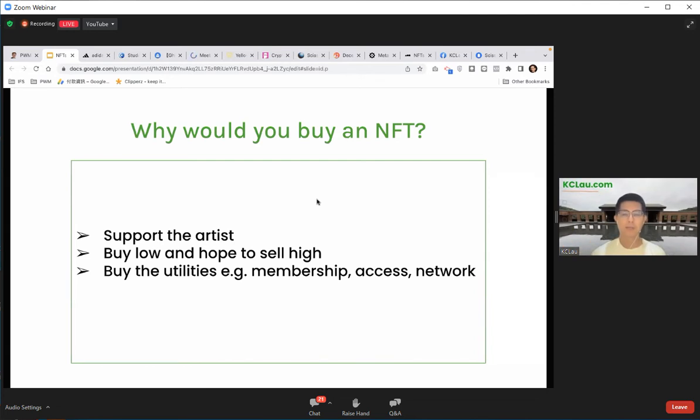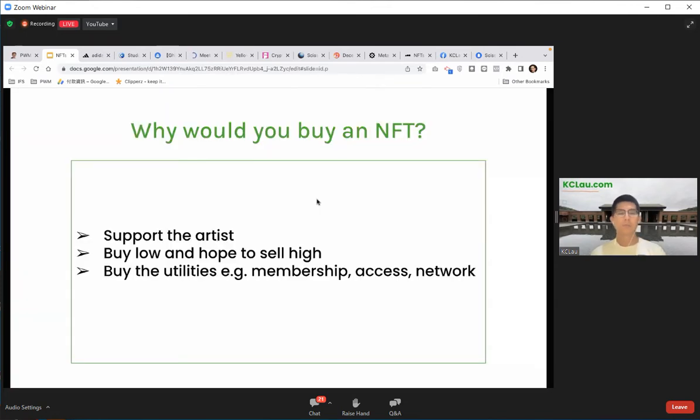If they do, and you know that Paris Hilton will be there, maybe Steph Curry, maybe Mark Cuban, you want to buy it and meet those people. Or you want to join a network, or some NFTs give you access to something. Those are the utilities. Probably you want to buy an NFT just like a ticket to get into something. That can be a reason you buy an NFT as well.